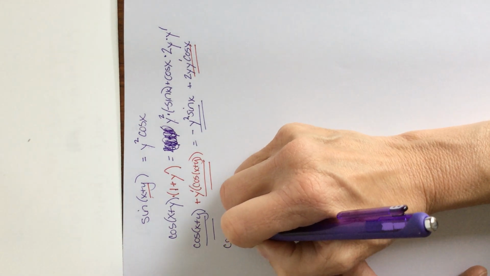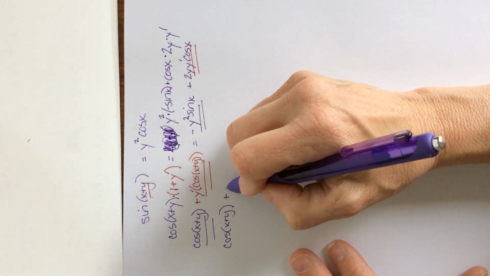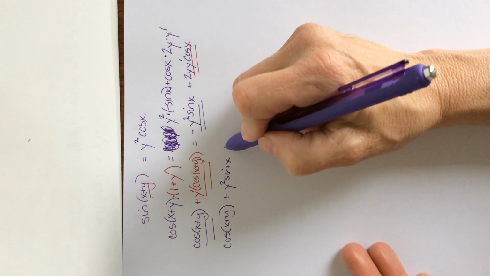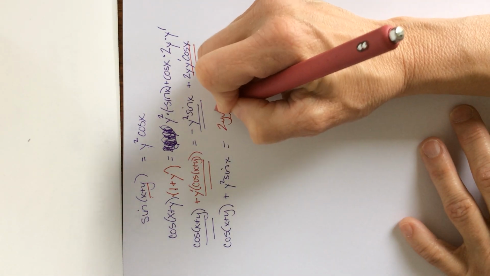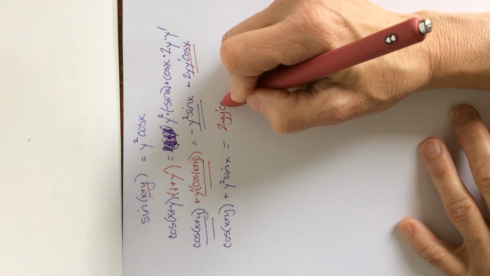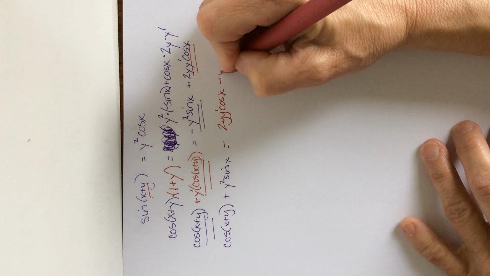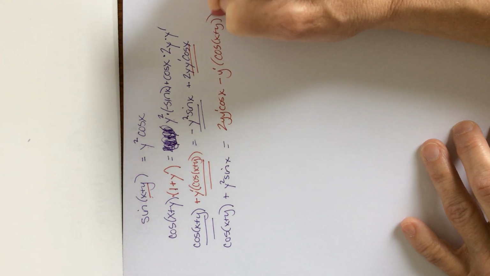So that means I have cosine of x plus y squared sine of x equals. Now I'm going to keep my 2y y prime cosine of x on the right, and I'm going to subtract y prime times cosine of x plus y to the right.